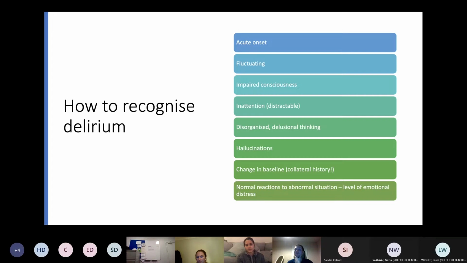When someone is acutely delirious and someone comes along in hospital telling them to stay where they are, or undertaking personal cares or toileting them, that's abnormal for them. So that degree of agitation and distress alongside delirium is actually sometimes a normal reaction to what they're experiencing.